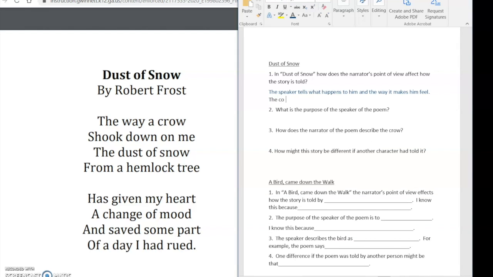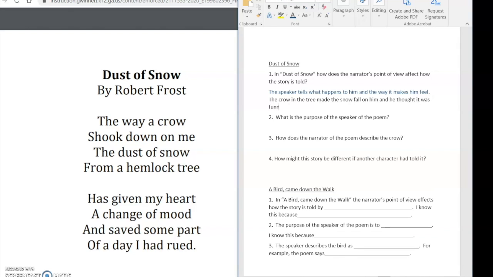the crow in the tree made the snow fall on him, and he thought it was funny. So we're hearing about his perspective and how he felt in the actions that happened to him.